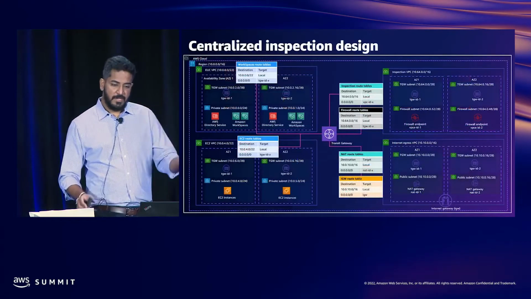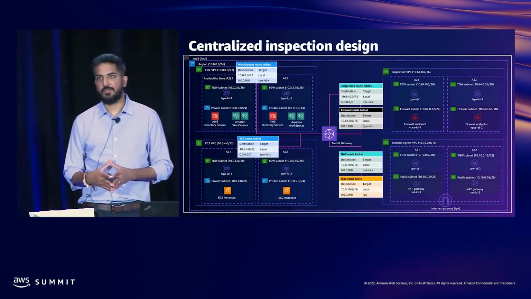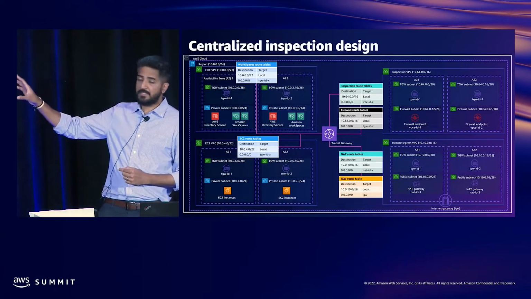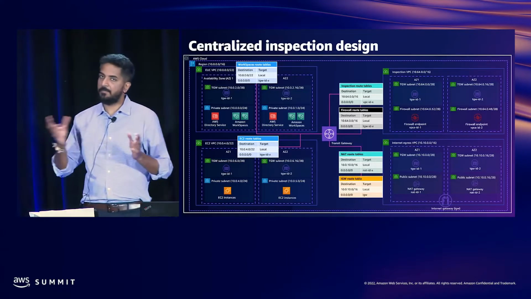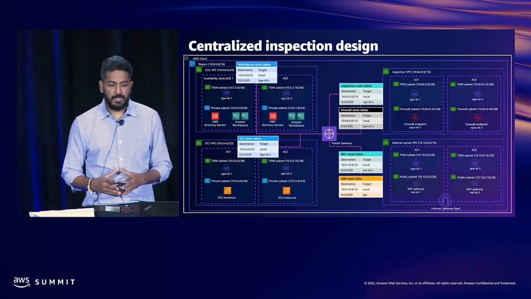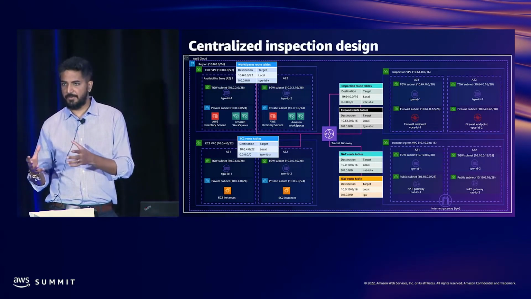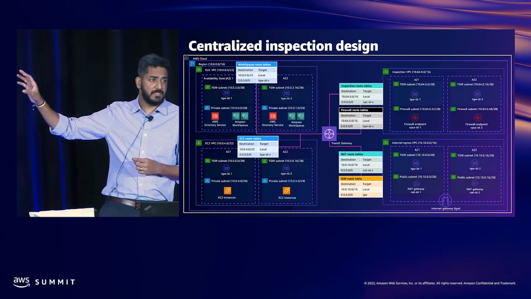Now once you have the account configured, the next thing is the inspection of your data, right? So a centralized inspection design is what we have built here. If you remember the previous network slide, all the traffic coming out from the customer VPC, we are routing to a centralized inspection VPC.